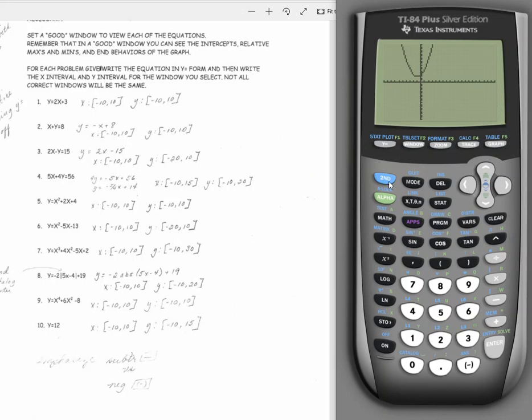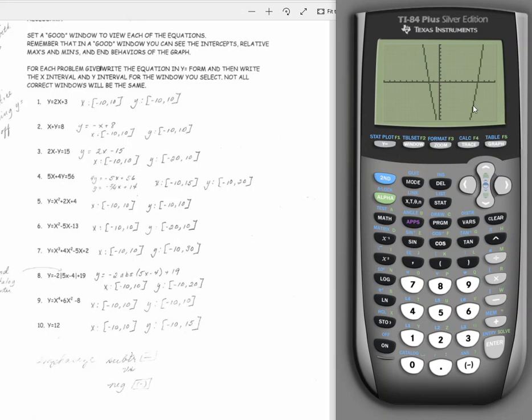Let's go to the other parabola, and we have x squared minus 5x and minus 13, and graph. Now, let me do a zoom 6, which takes it back to your normal window that you might be in.